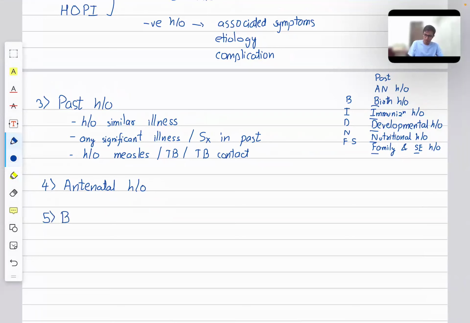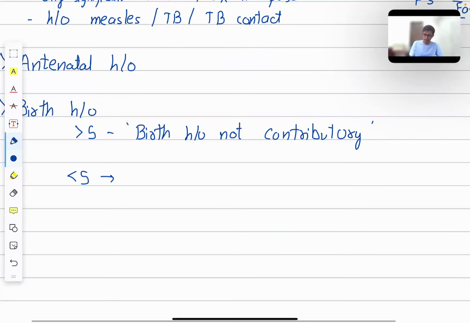Next comes birth history. In case of an older child, greater than 5 years, all you have to mention is birth history is not contributory. For a child less than 5 years, you need to describe it as follows.